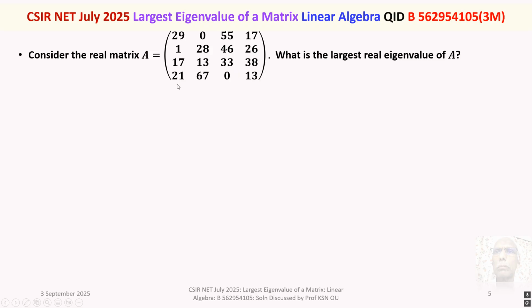Fourth row is 21, 67, 0, 13. What is the largest real eigenvalue of the matrix A? We are given 4 options. Option 1, 101. Option 2, 67. Option 3, 103. Option 4, 113.